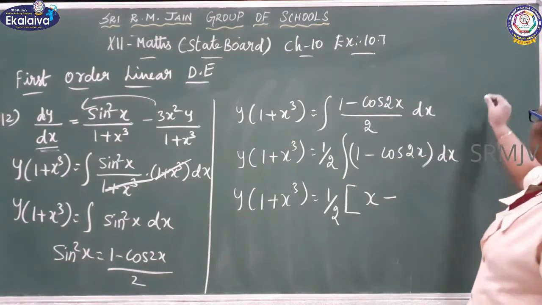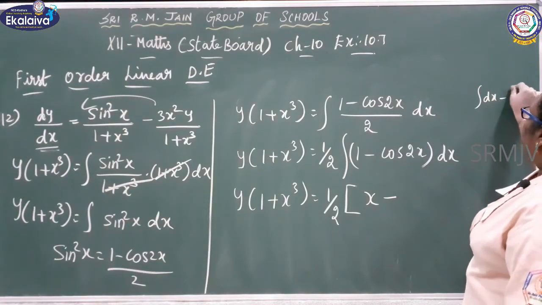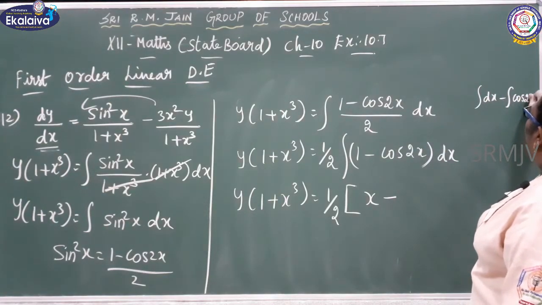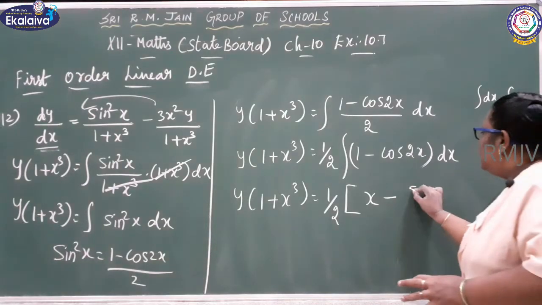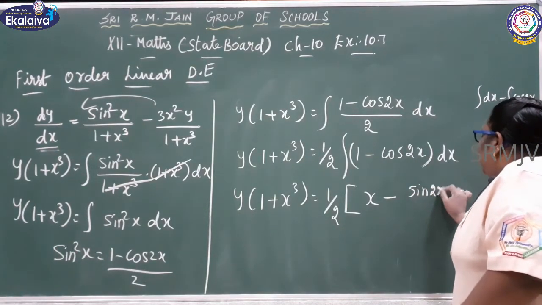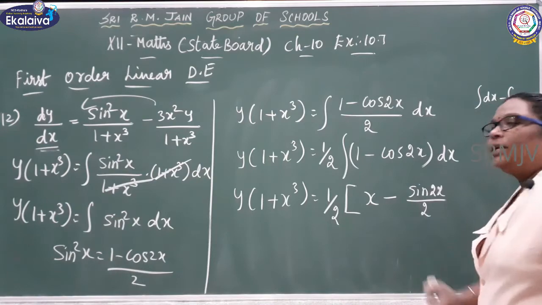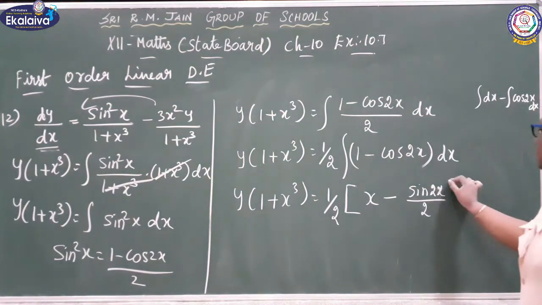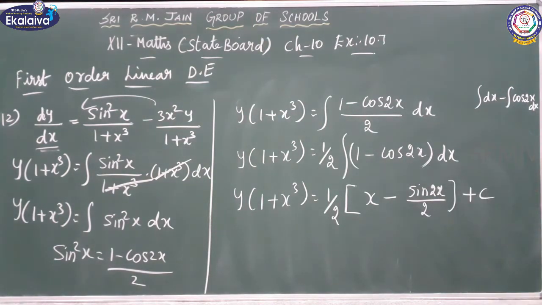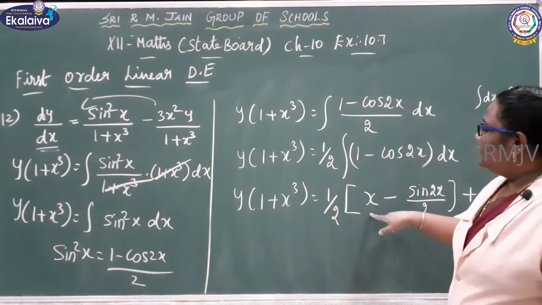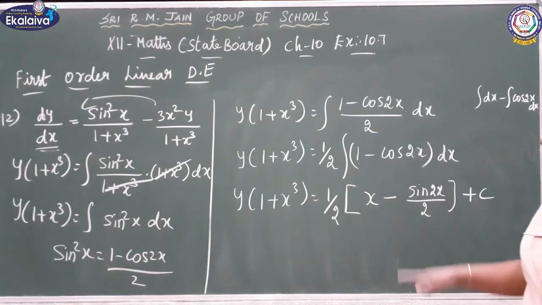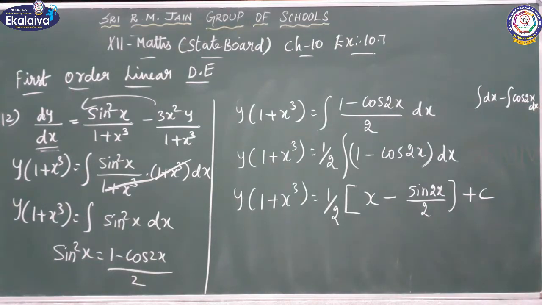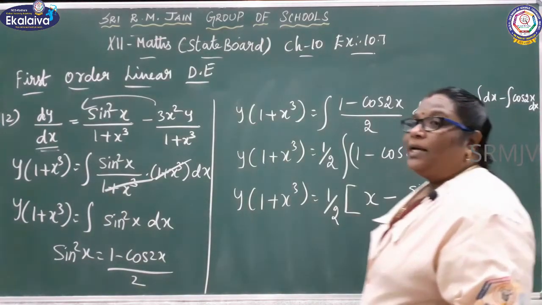You can split the value like this, dx minus integral cos 2x into dx. Integration of cos 2x is sin 2x, that x coefficient you can write in the denominator, plus c.